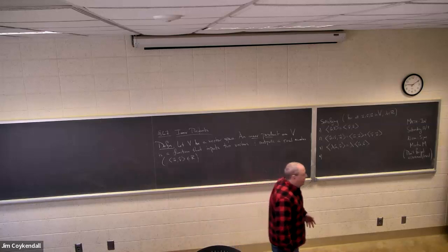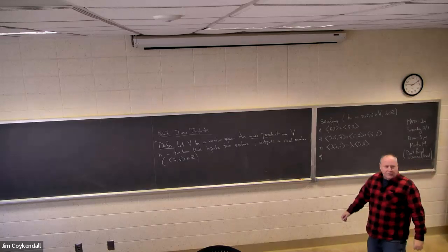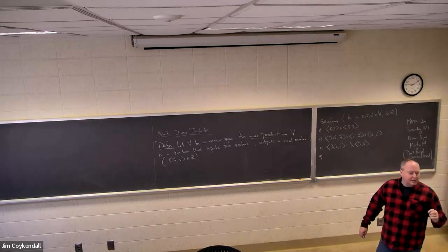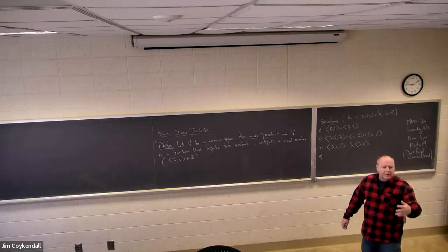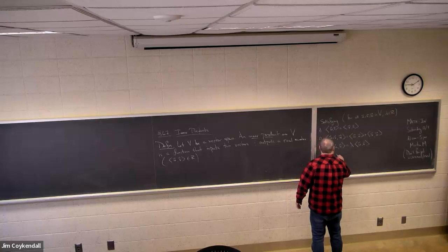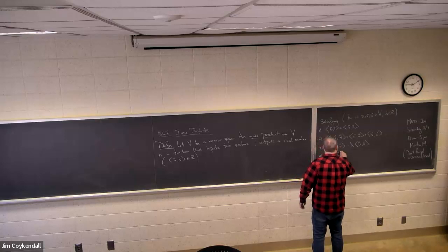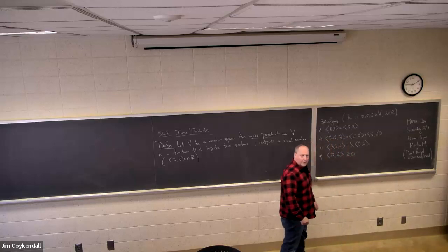anybody remember what the last one is? This is kind of one of the most important rules of the dot product that allowed us to do so much stuff with it. Anybody remember what it is? What happens if you dot a vector with itself? That's right, you get a number that's greater than or equal to 0. So I want to mimic that here. When I take the inner product of a vector with itself, it gives me a real number that's greater than or equal to 0.